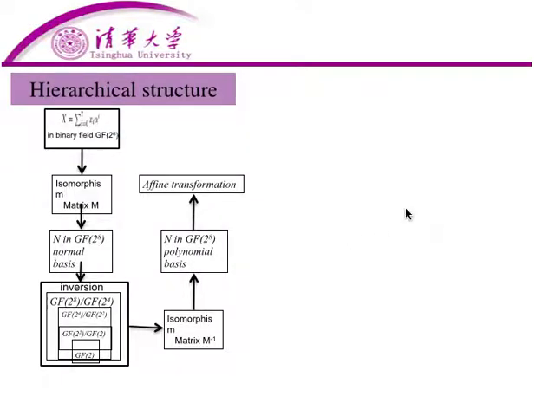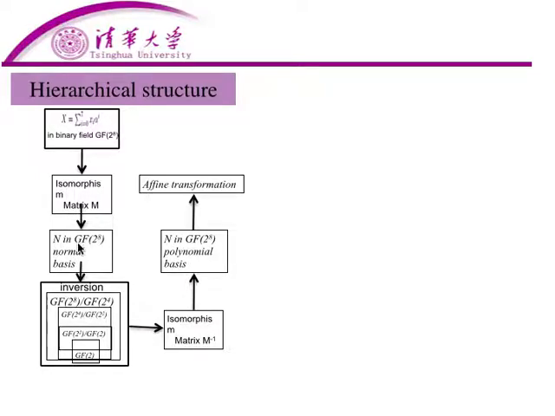Now here's the hierarchy structure. First, since the element in the S-box is represented in the form of a polynomial basis, we need to use an isomorphism matrix to transform the input to represent the input in the form of a normal basis.